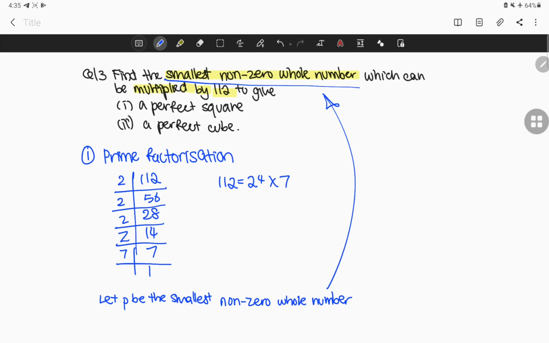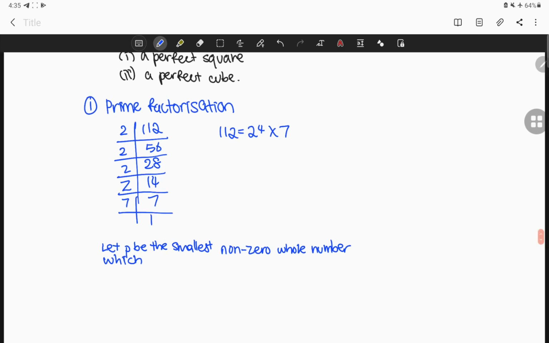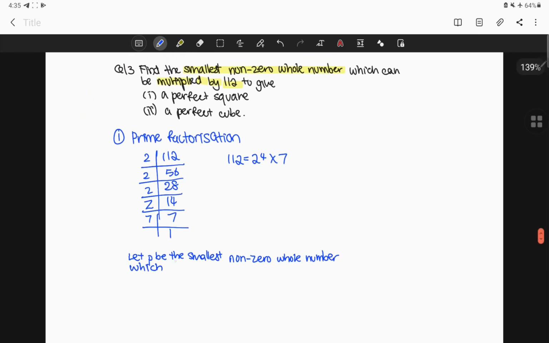So let p be the smallest non-zero whole number, which can be multiplied by 112 to give a perfect square.